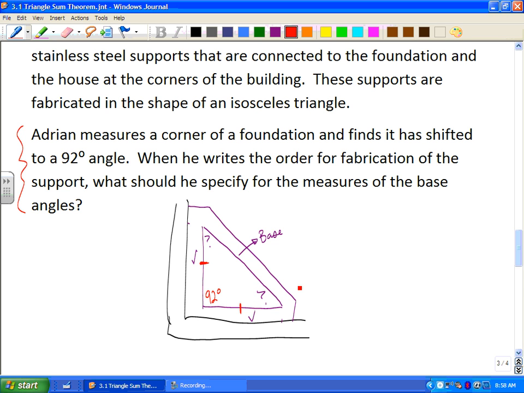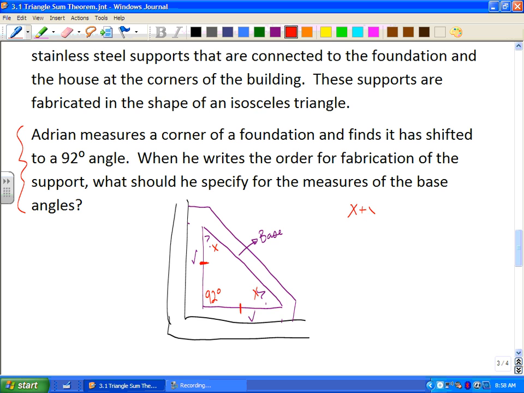Now, what is the definition of isosceles triangle concerning its base angles? Base angles are congruent. So I have three angles. If these two are the base angles and they're the same, we can call that x. Well, we can use the Triangle Sum Theorem to figure this out.